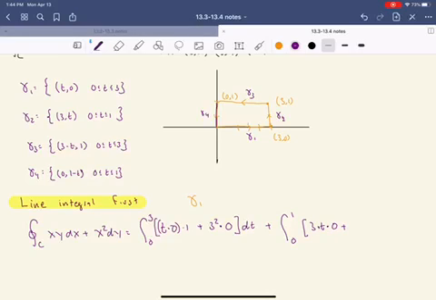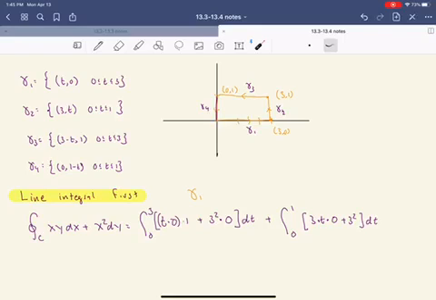Plus, now here we have, oops, that's not y squared, it's actually x squared. x squared is 3 squared, and that's going to have a dy, so we have a dt there.